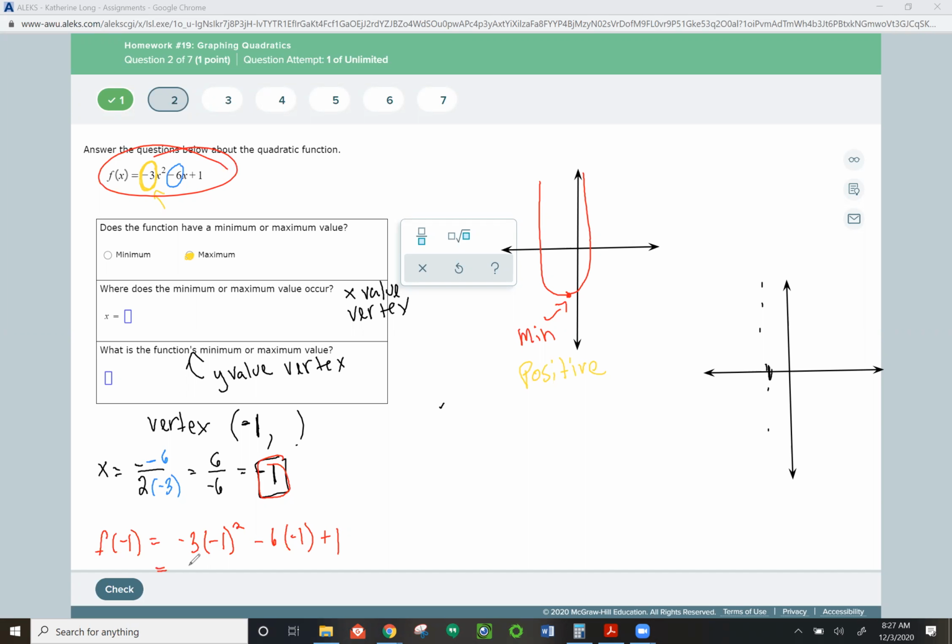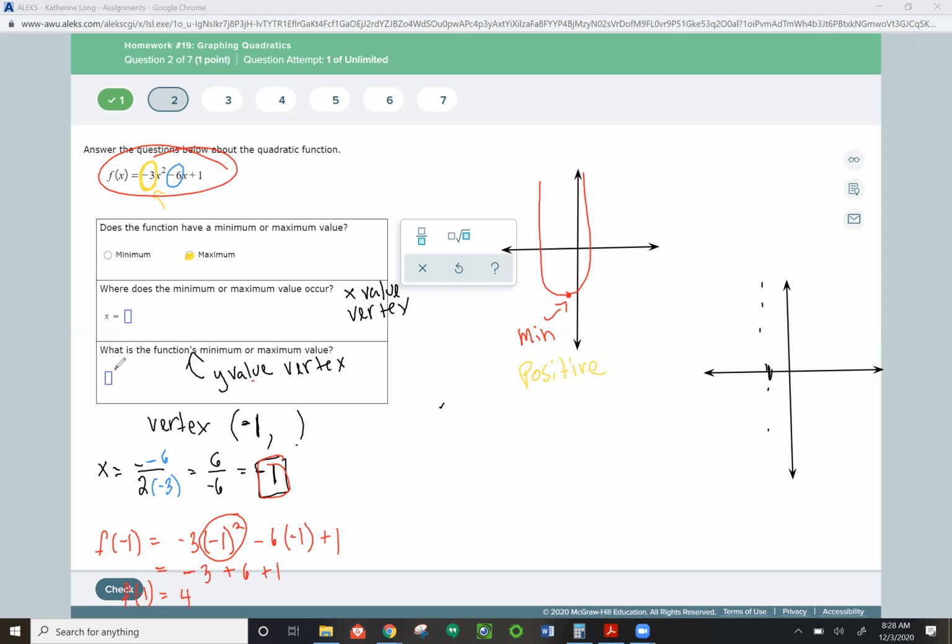So this is going to be equal to -1 squared is just a +1. +1 times -3 is -3. -6 times -1 is a +6 plus 1. So 6 plus 1 is 7. 7 minus 3 is 4. So your f of -1, meaning your function evaluated at -1, is 4.